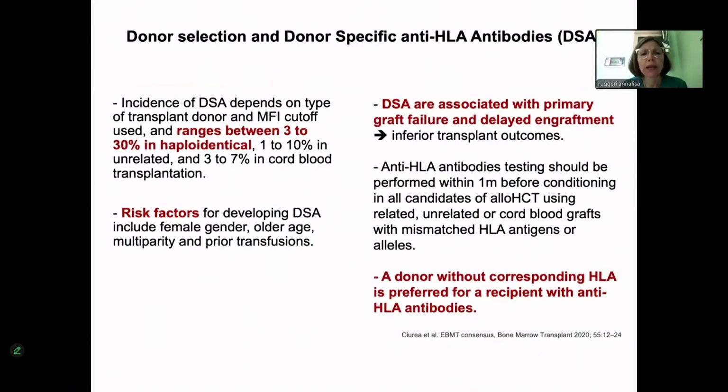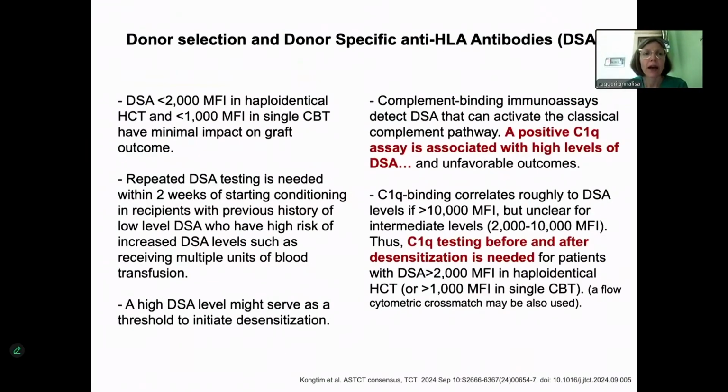So among the different risk factors, a donor without corresponding HLA is still preferred in case of a recipient with anti-HLA antibodies. And this is important to consider, to put your patients in the safest way for achieving engraftment, and then proceed with reducing the risk also of secondary graft failure.